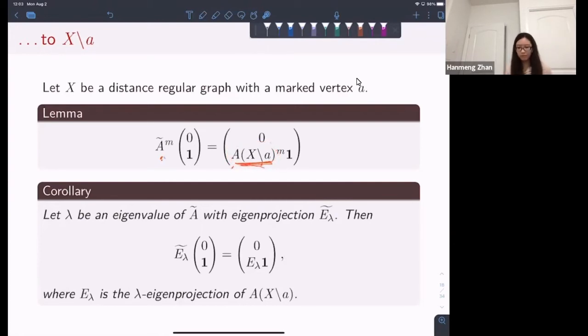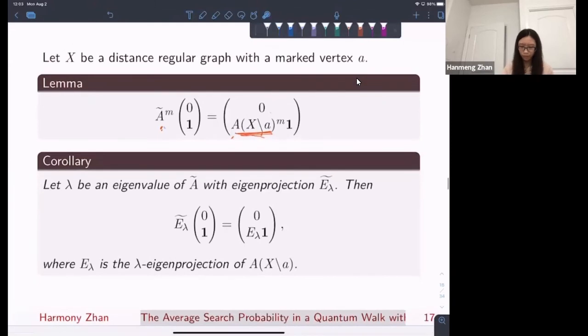Okay, and then as a special case, the eigenprojection into the lambda eigenspace of A tilde is also a polynomial in A tilde, right? Let's say the polynomial is P tilde.